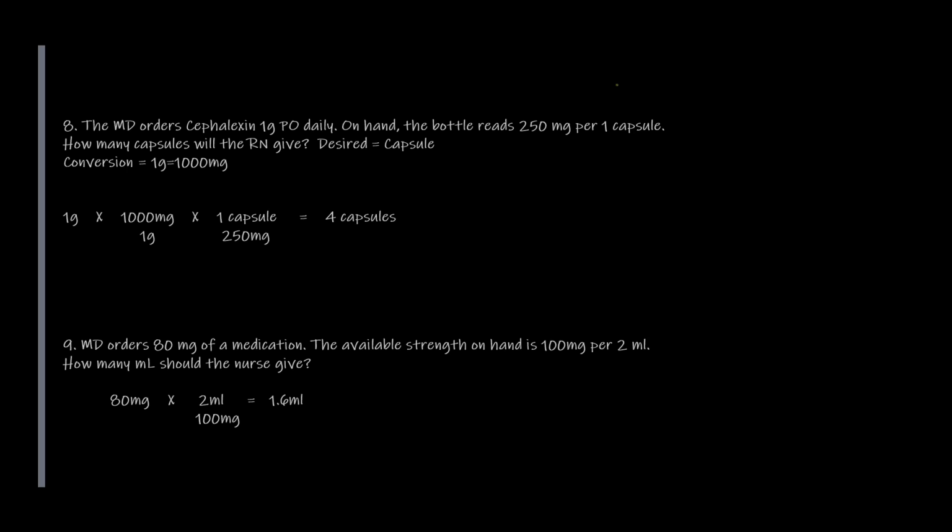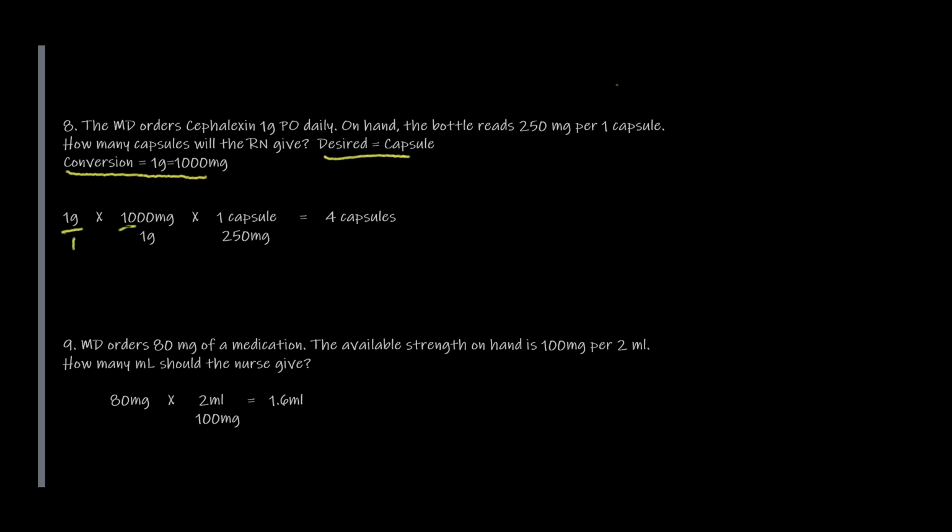Problem number 8. The MD orders cephalexin 1 gram PO daily. On hand, the bottle reads 250 milligrams per 1 capsule. How many capsules will the RN give? So our desired unit is capsules, and I've written out the conversion factor. 1 gram is equal to 1,000 milligrams.